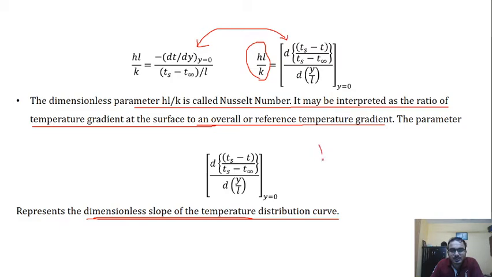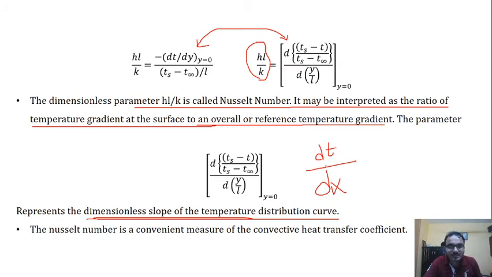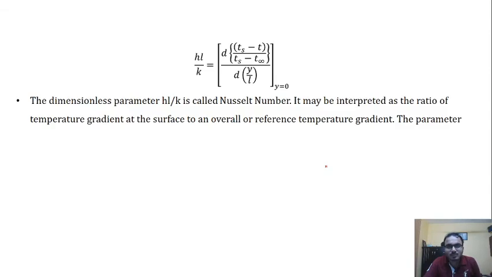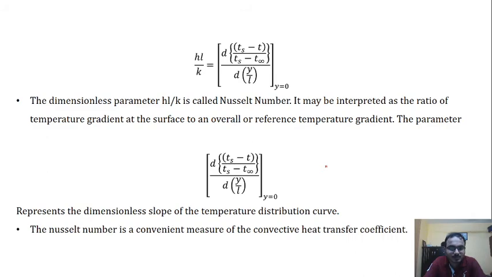So this is nothing but differentiation of something very similar to dT by dx, that is, temperature distribution slope. So this is all about Nusselt number, and it is a convenient measure of the convective heat transfer coefficient. Now the same slide is repeated.